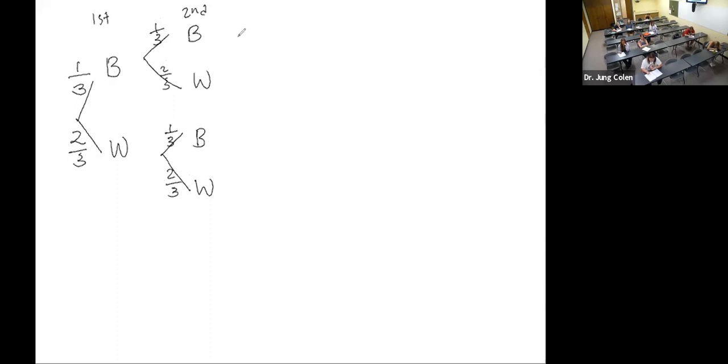Are we good? Then let's look at the outcomes. So my outcomes are BB, which means first black, second black. BW, first black, second white. WB, white and black. WW, first white, second white. Very good, right? What is the probability for each of these?